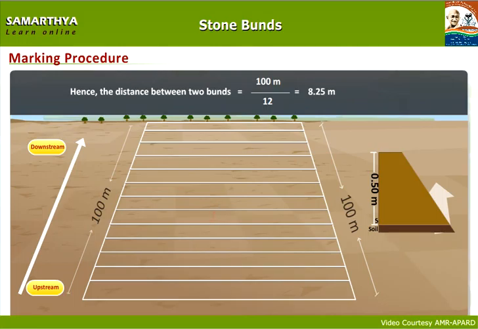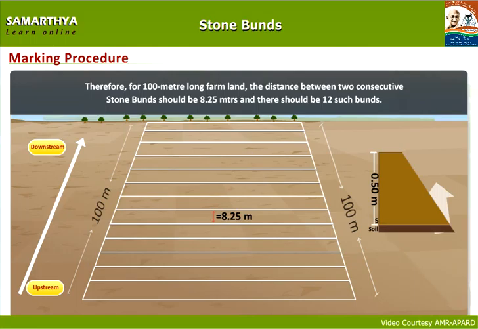Hence, the distance between two bunts is equal to 100 meters by 12, which is equal to 8.25 meters. Therefore, for 100-meter long farmland, the distance between two consecutive stone bunts should be 8.25 meters and there should be 12 such bunts.